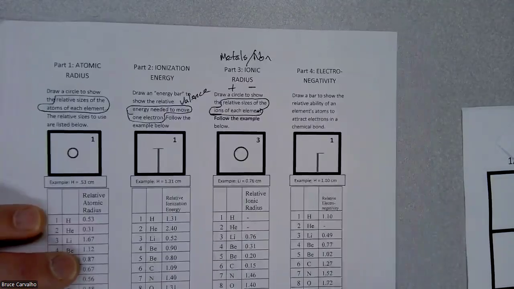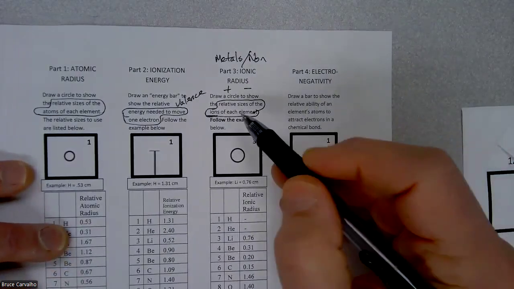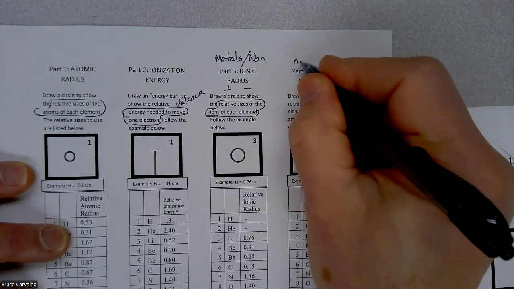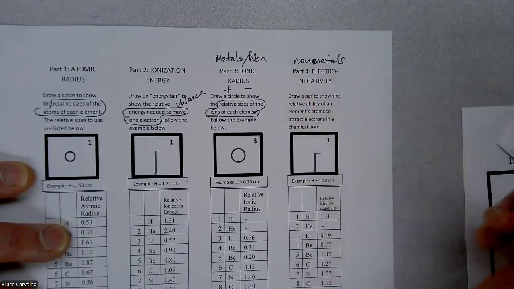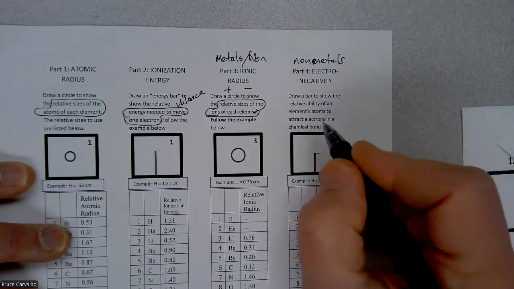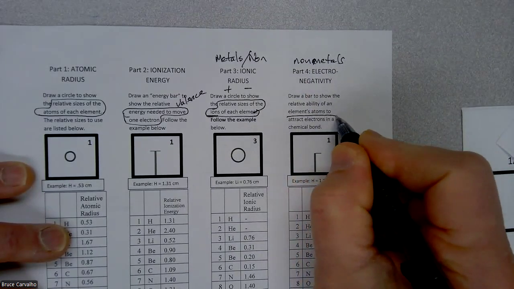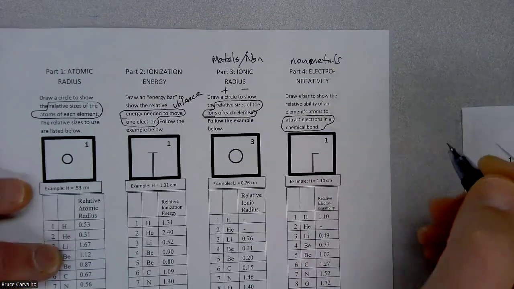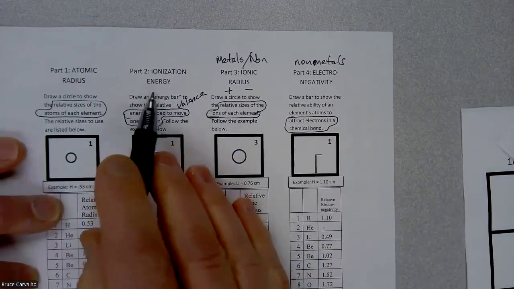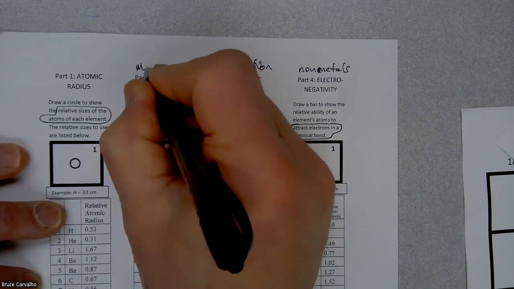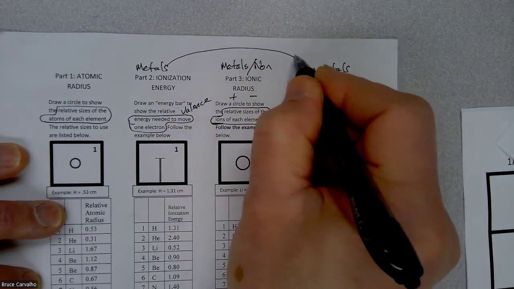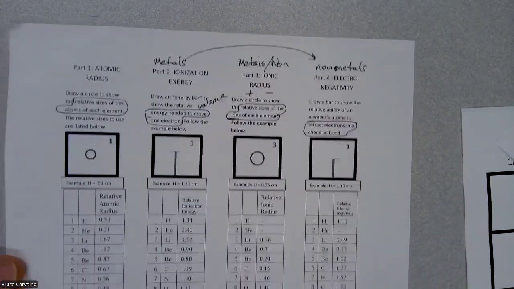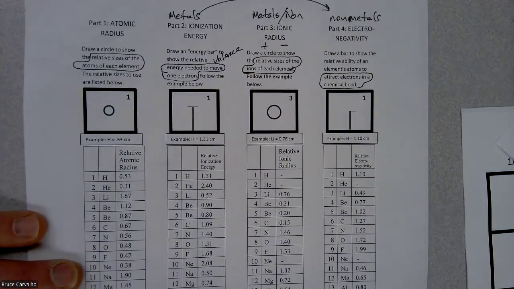Electronegativity refers mostly to the non-metals' ability, not always, to attract electrons when they bond. Ionization energy refers to metals, for the most part, but not always, and their ability to lose those electrons. So we know there's going to be this kind of bonding happening. We'll talk about that more in the next video and the next activity.